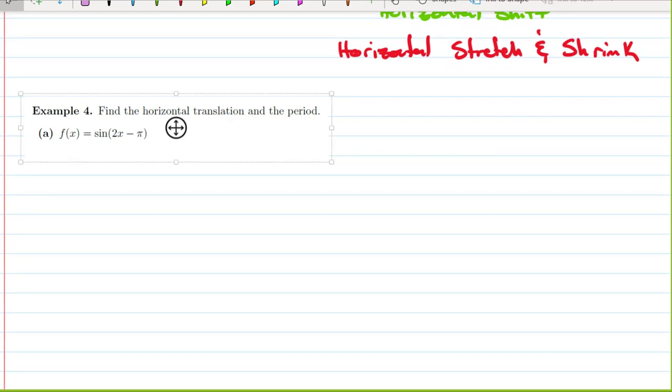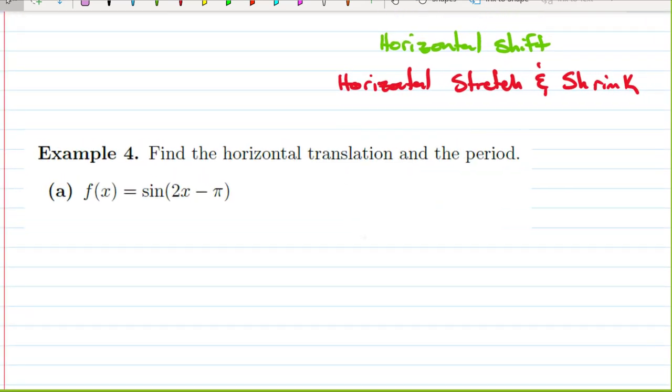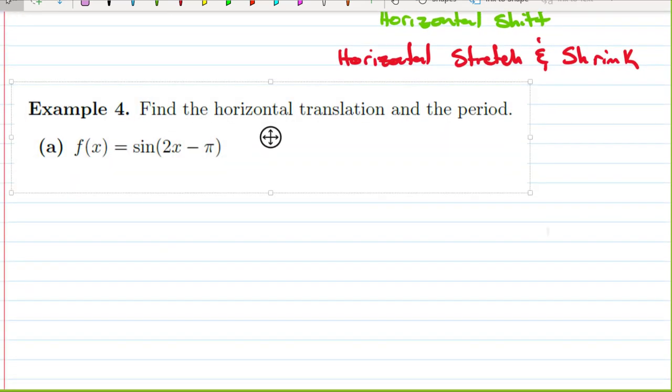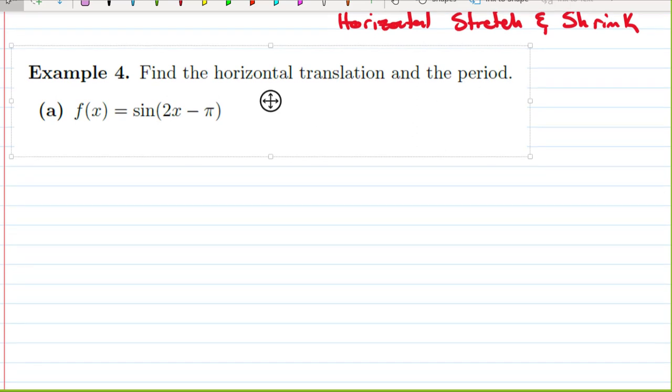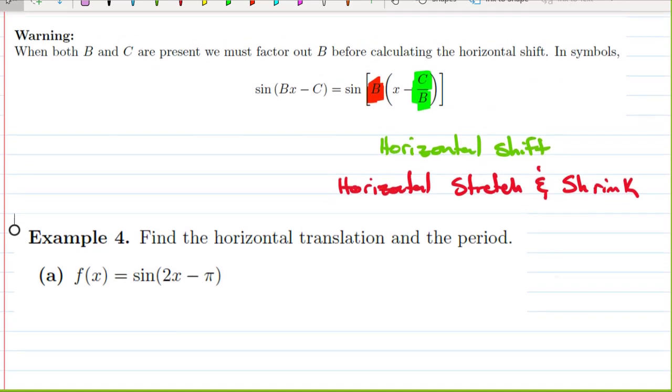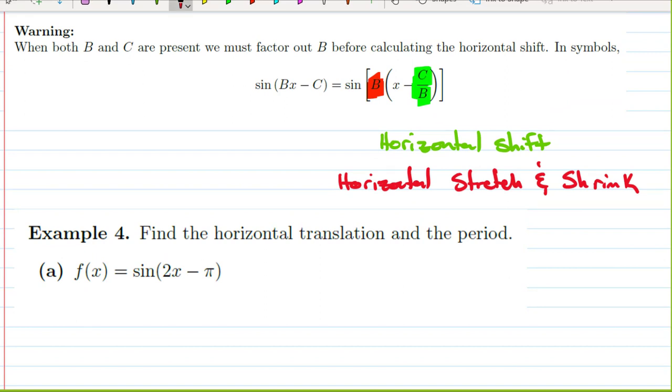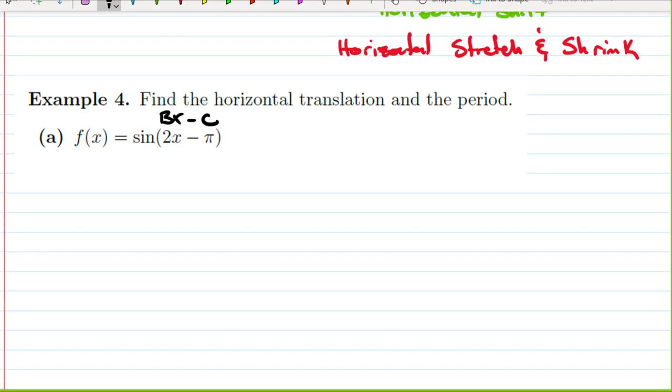So find the horizontal translation and the period of this. According to our warning, we have exactly this form. We have our bx minus c. So before we can calculate this, we need to factor this into that form.